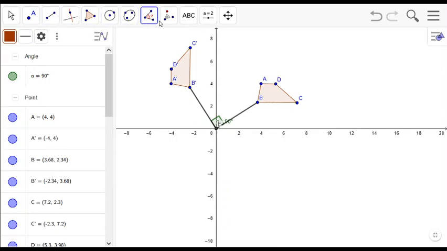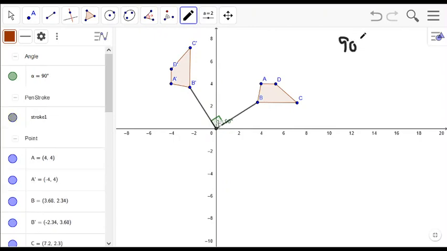You will note that for 90 degrees, we are dealing with a positive 90 degrees rotation.